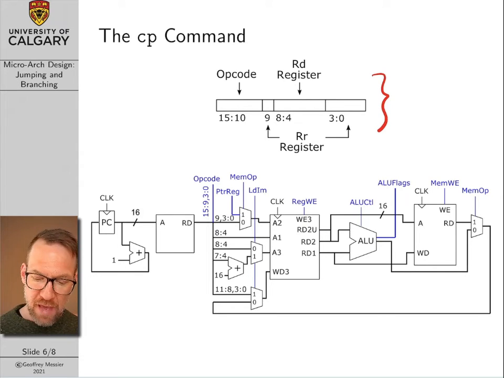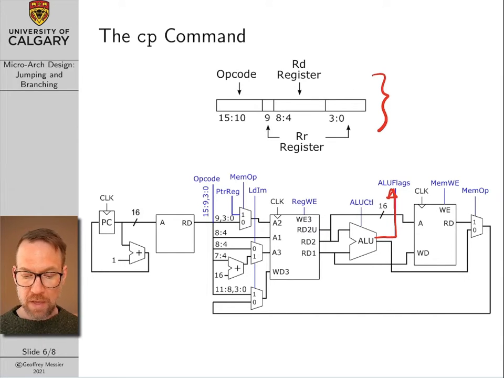The only thing I've added is that I have taken the ALU flags and I've fed them up as an input to the control path. Because the compare command is called first, the ALU flags are fed up into the control path, and then the branch command is called second, and based on the ALU flag setting from the previous compare command, we decide whether or not we're going to branch. But otherwise, this is the only modification.